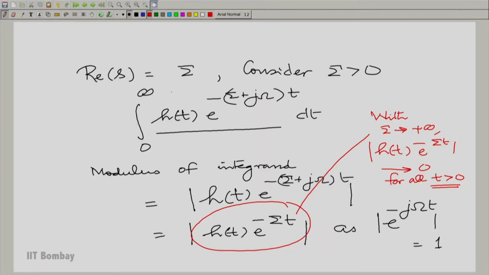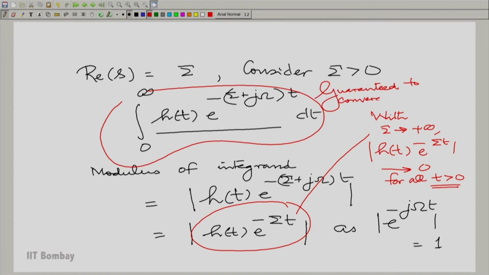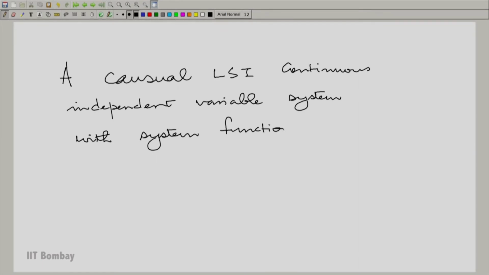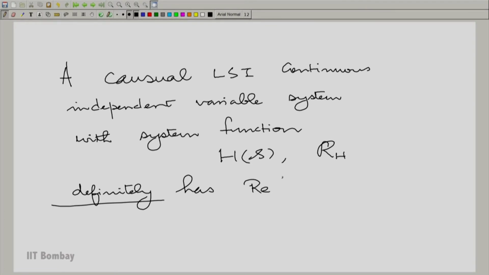This expression is guaranteed to converge as you go to the right extreme of the Laplace plane. So, what is our conclusion? For a causal continuous independent variable system with system function H s with a region of convergence R h, the real part of S tending to plus infinity is definitely included in the region of convergence.